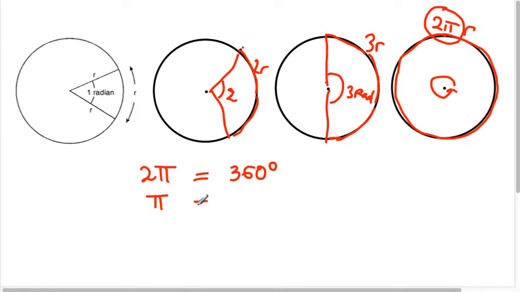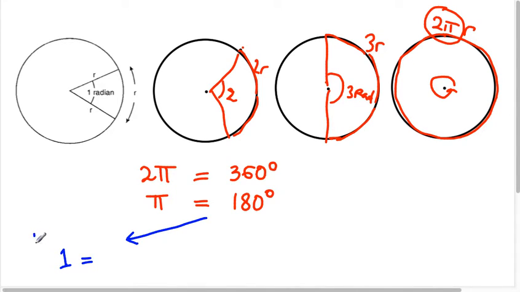Then, of course, we can conclude that pi radian is equal to 180 degrees. So if you look at this comparison, if I divide both sides by pi, I will have 1 here. So pi divided by pi is 1.